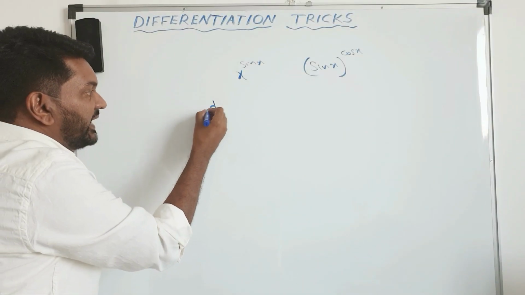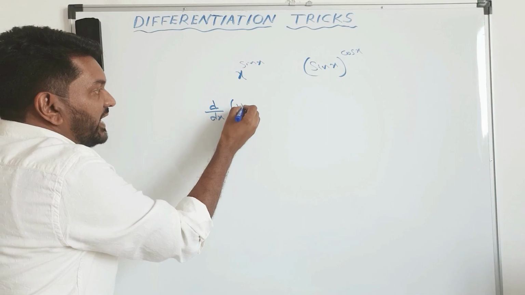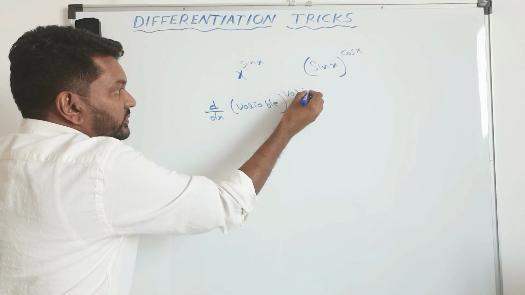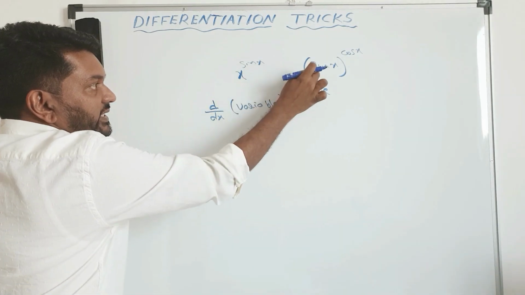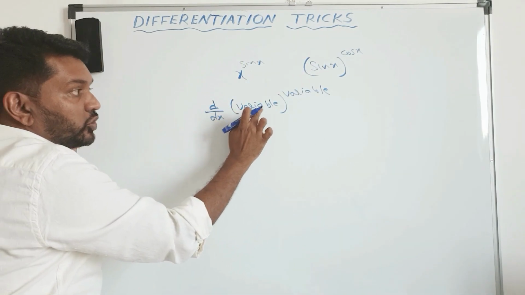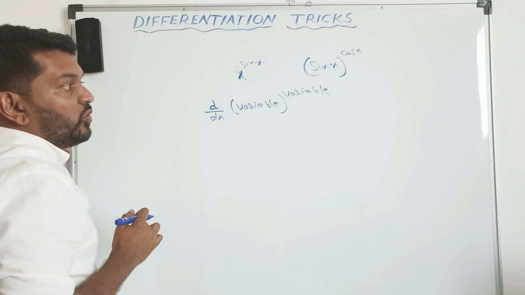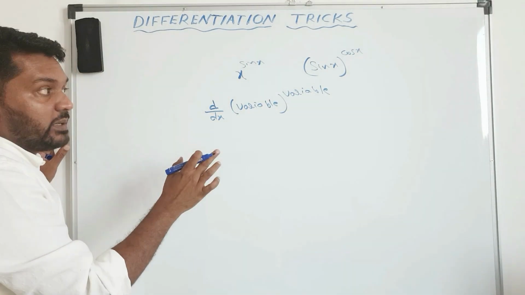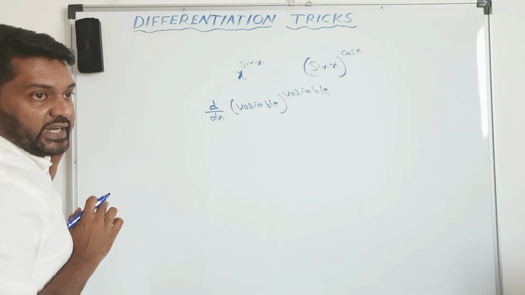When d by dx of a variable to the power variable comes, these two are examples of this. What do you need to do to get it easily? The normal, conventional method is taking log on both sides.